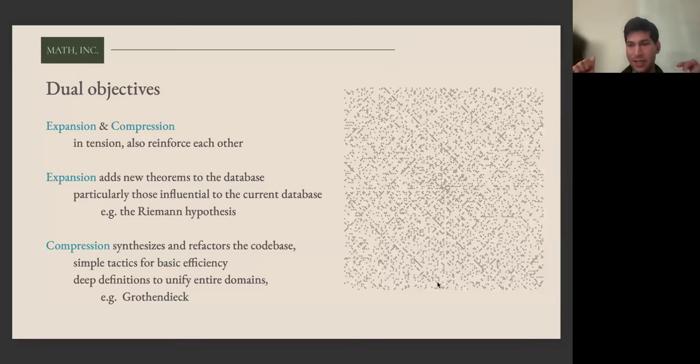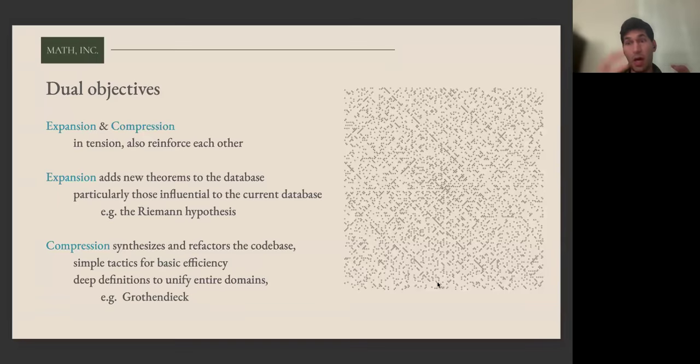The way I've come to think about this revolution of Grothendieck is that he essentially refactored the code base of geometry, algebra and topology, coming up with the right code and the right abstractions that synthesize these formally disparate domains. I view that achievement as one of compression.